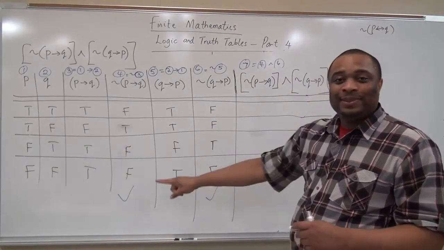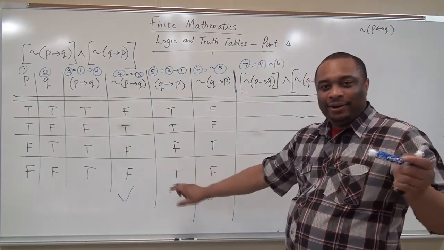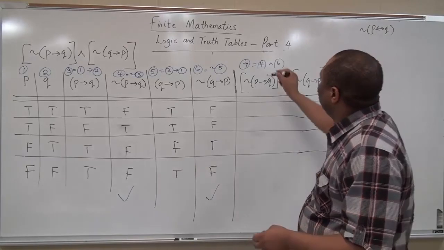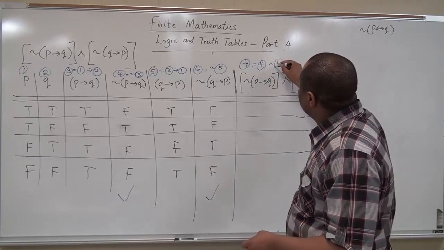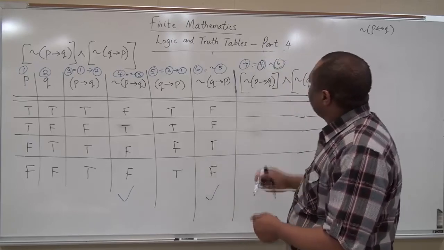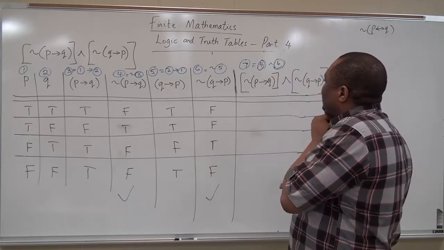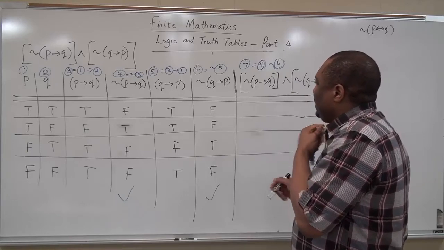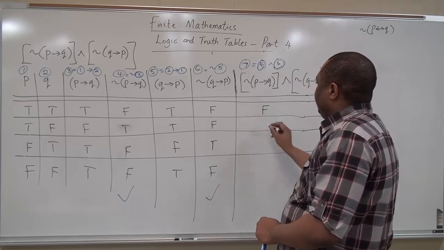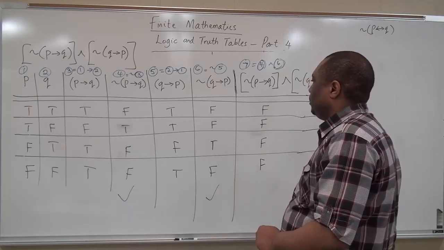You might use a pencil or pen or marker to know which columns you're looking at so you don't make mistake, okay? Now, I'm looking at column 4 and column 6. So F and F is F, T and F is F, F and T is F, and F and F is F.